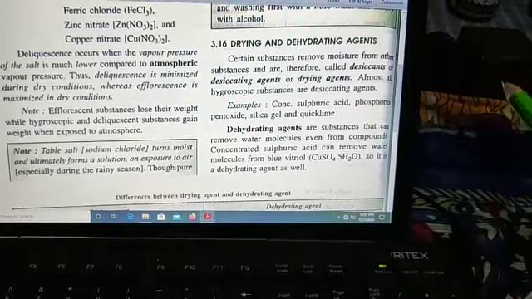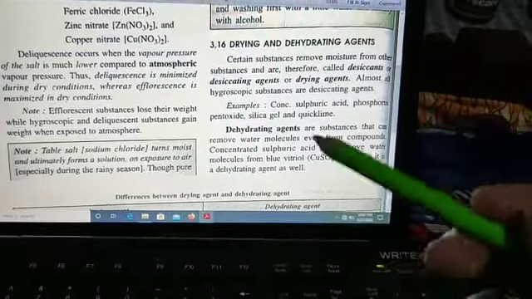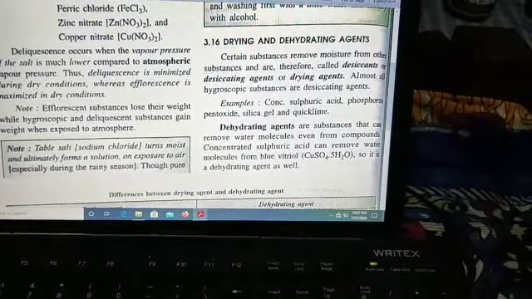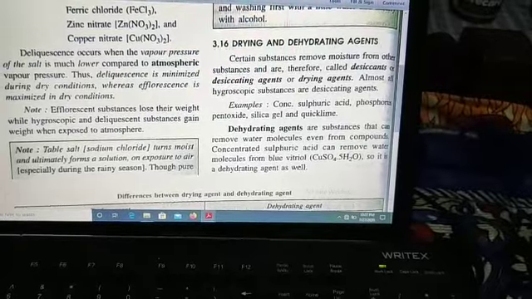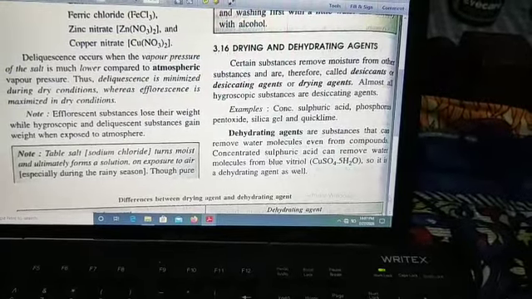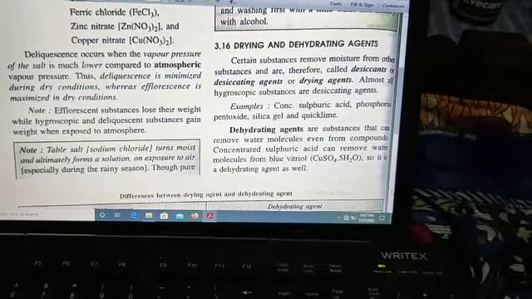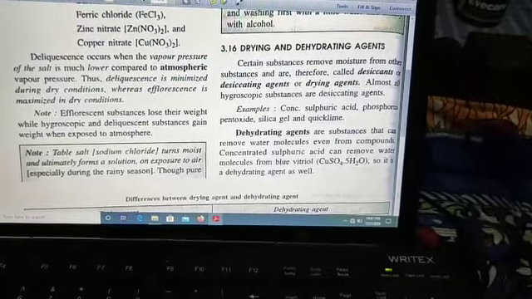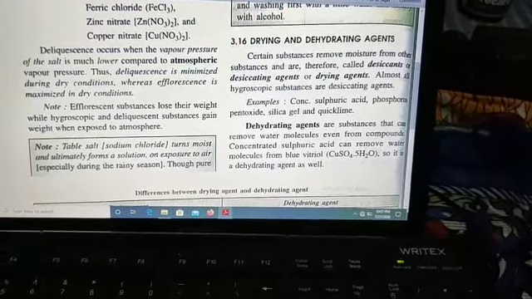They are used to dry substances by removing moisture. Dehydrating agents are substances that can remove water molecules even from compounds. Concentrated sulfuric acid can remove water molecules from blue vitriol, so it is a dehydrating agent as well.